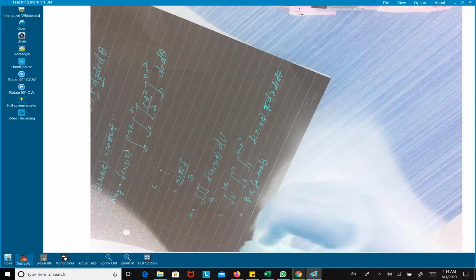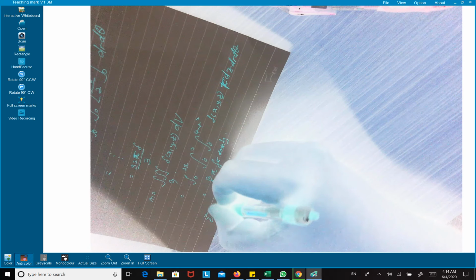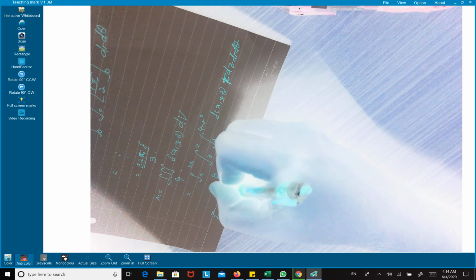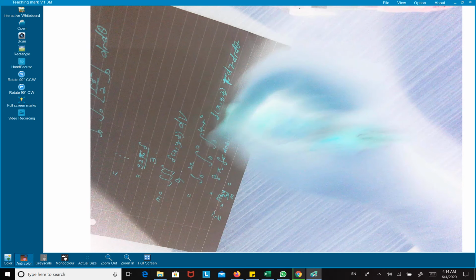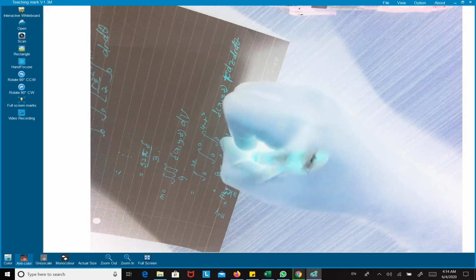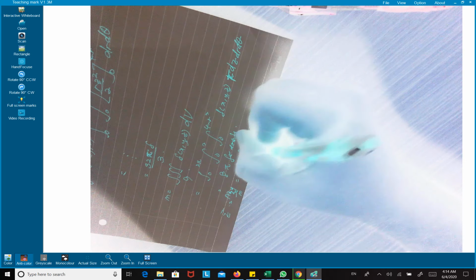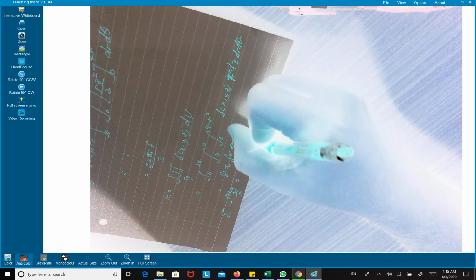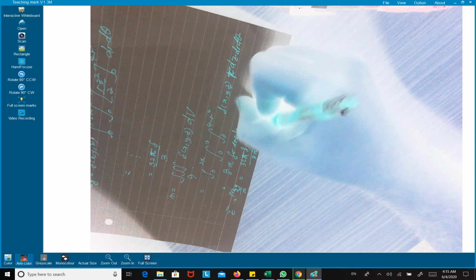So your z bar now is Mxy over m, that is 32 pi delta over 3 over 8 pi delta, that is 4/3.